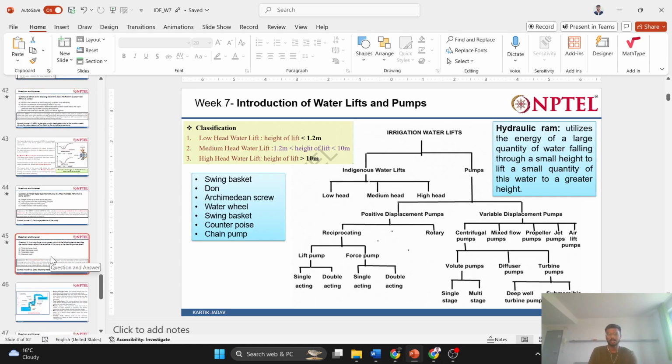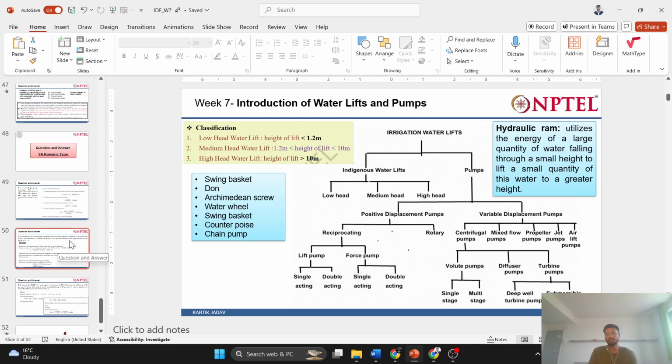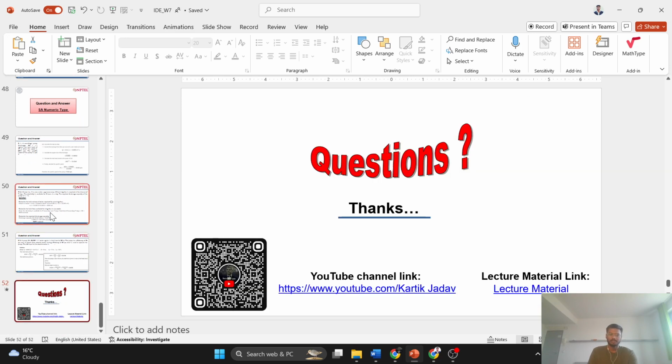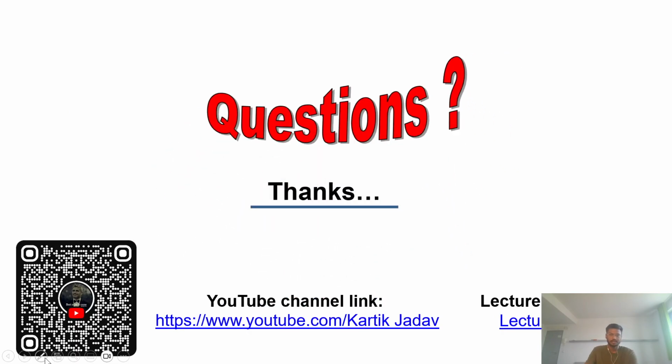Then we covered the problems due to cavitation, and the net positive suction head concept. And finally, we solved certain questions related to it. With this, we have ended this lecture by solving multiple choice questions and numeric type questions that we have learned in this week number 7.